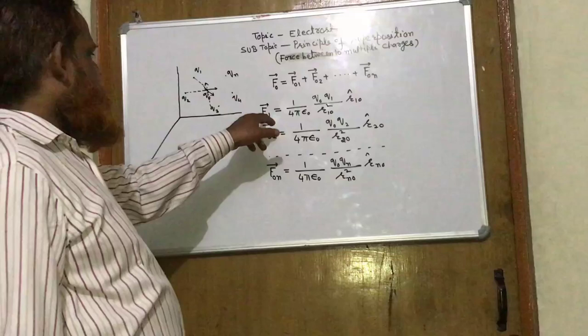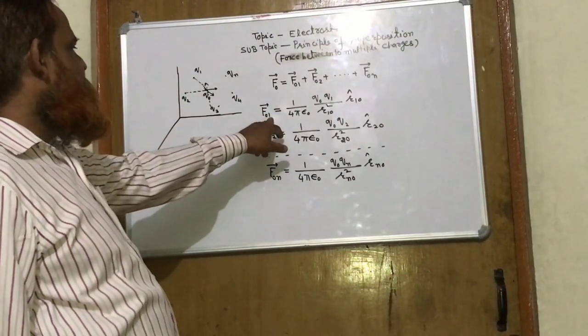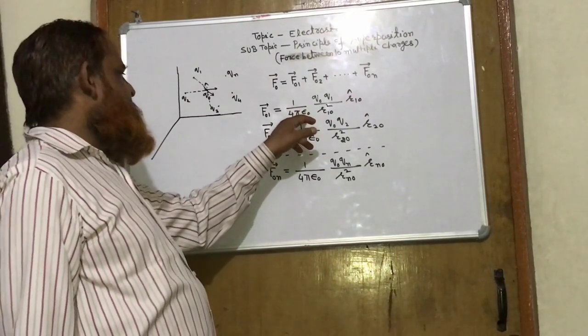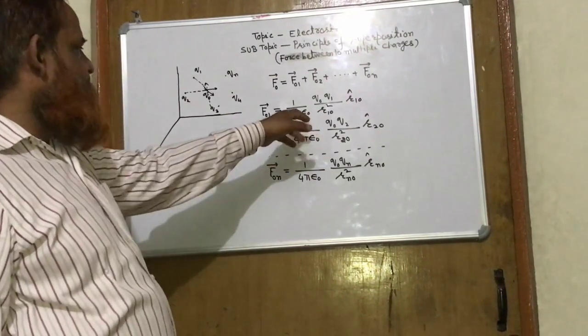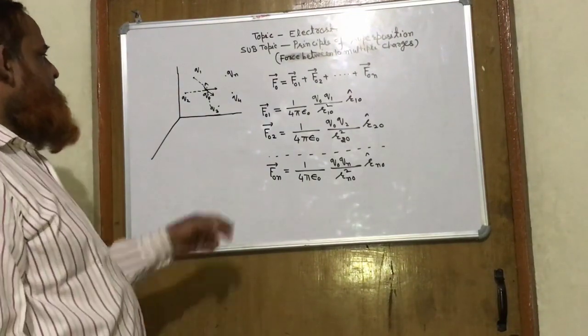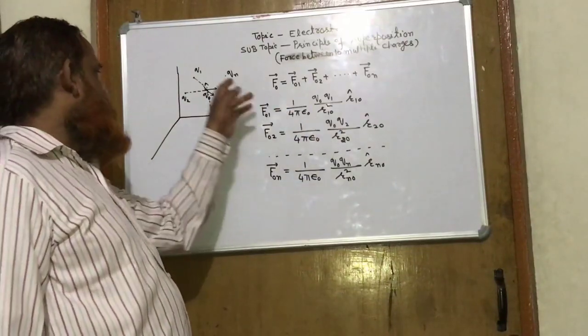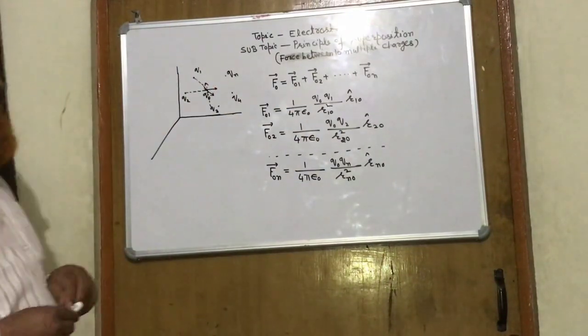We can find F01 vector this way. We write first the charge on which the force acts, and then the one exerting it. By Coulomb's law it is 1 by 4 pi epsilon naught Q naught Q1, and the distance is taken from the charge exerting the force to the charge on which the force is exerted.